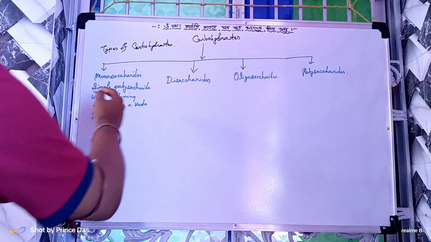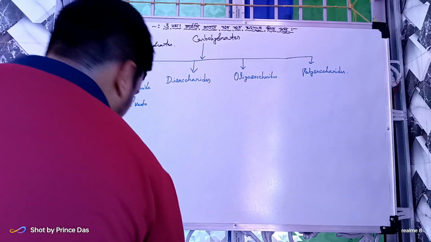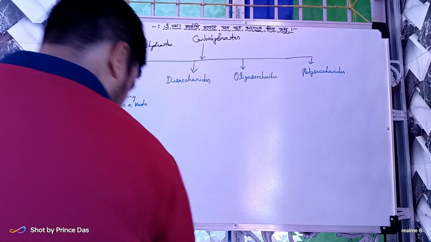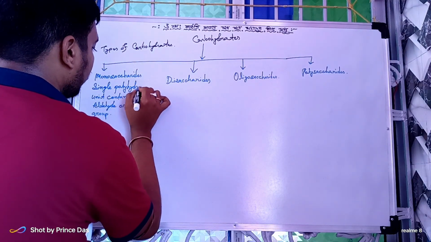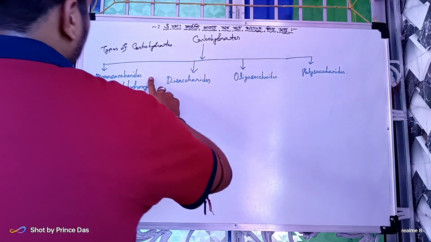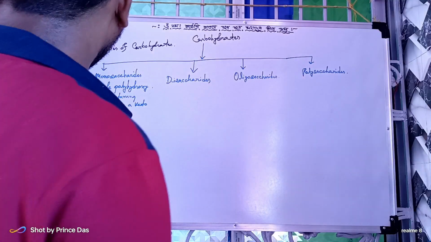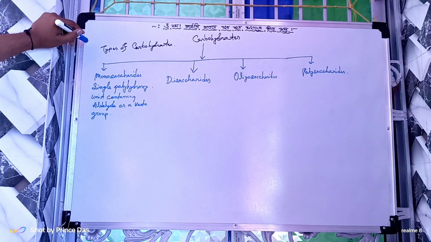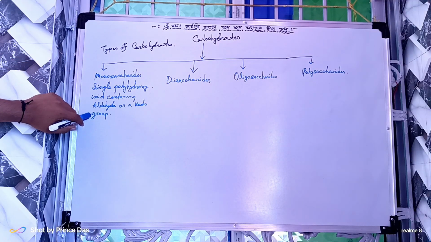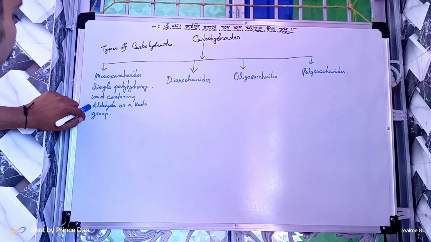Okay, monosaccharide means a single polyhydroxy unit, not a polysaccharide, sorry. Means a monosaccharide is a single polyhydroxy unit containing an aldehyde or keto group. For example, glucose has a polyhydroxy unit containing a single aldehyde group.